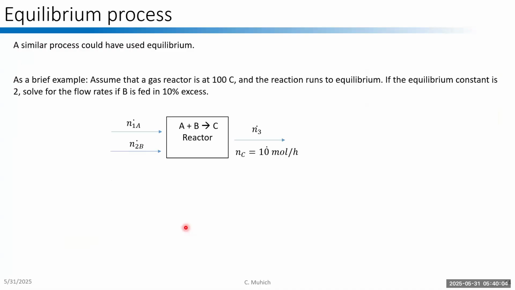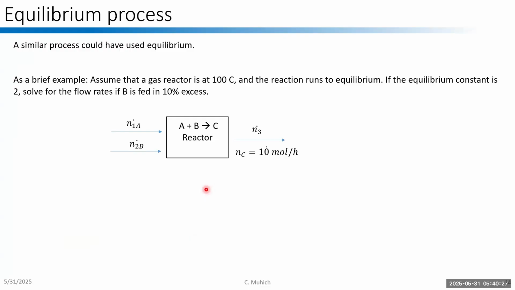Okay, now let's go forward and do a mole balance, looking not at a reaction that is irreversible or defined by the extent of reaction, and rather look at an equilibrium process. Right?